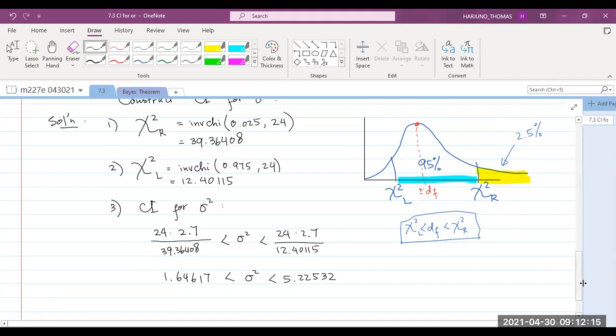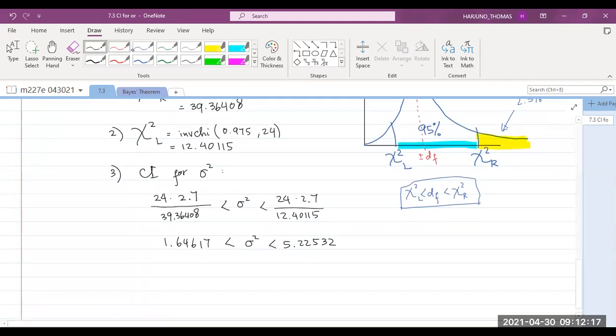From here, two things. The most common one: sometimes the problem requires a confidence interval for sigma instead, the population standard deviation.